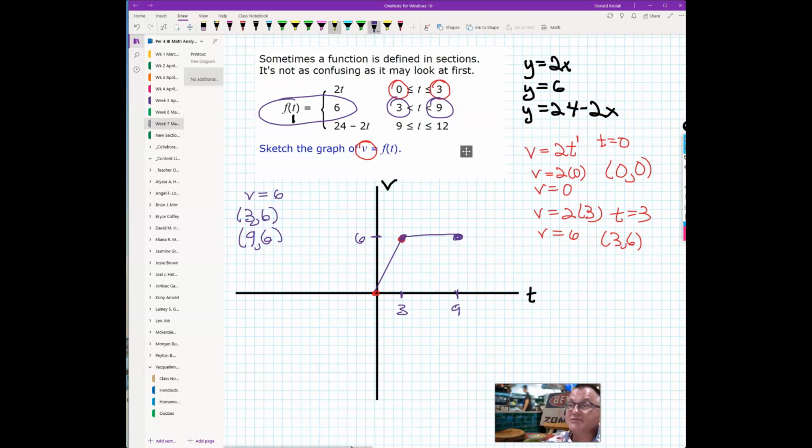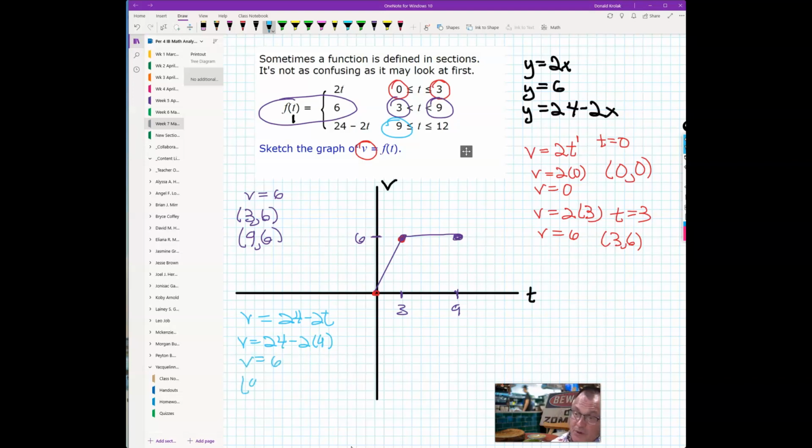And then the last equation is v equals 24 minus 2t. The lower boundary number is 9. So when t is equal to 9, v is going to equal 24 minus 18, 6.